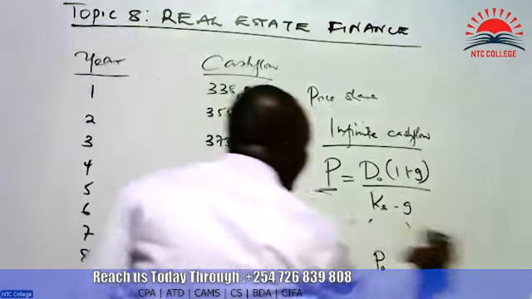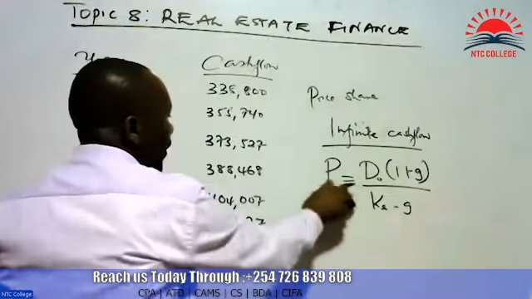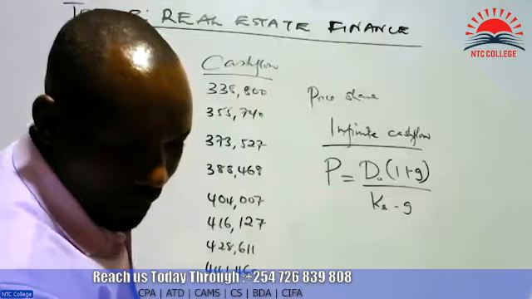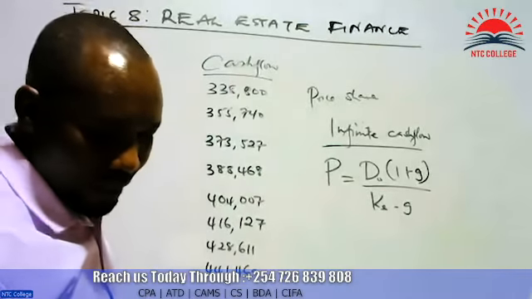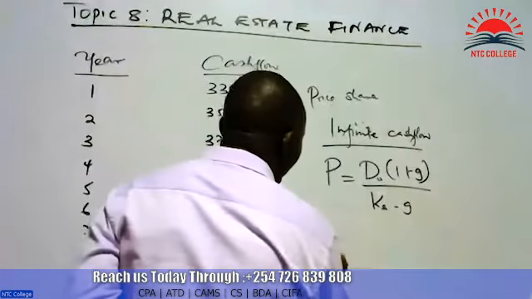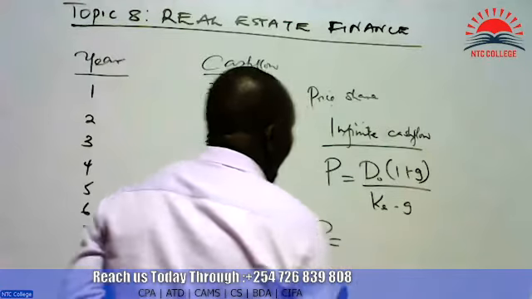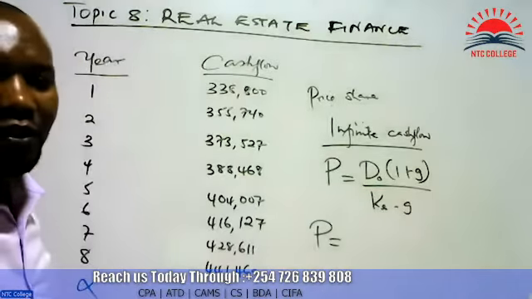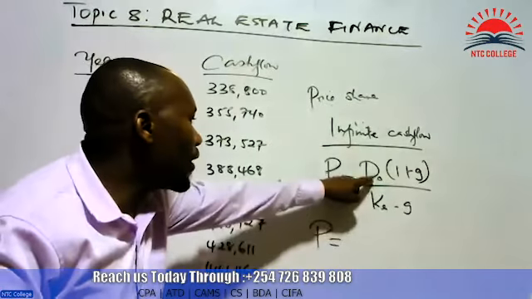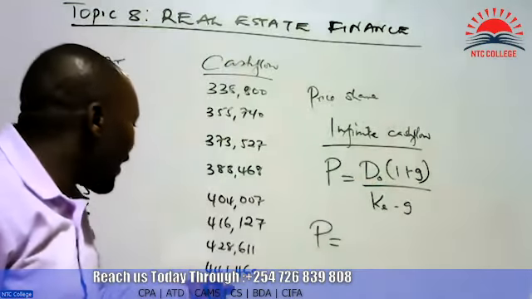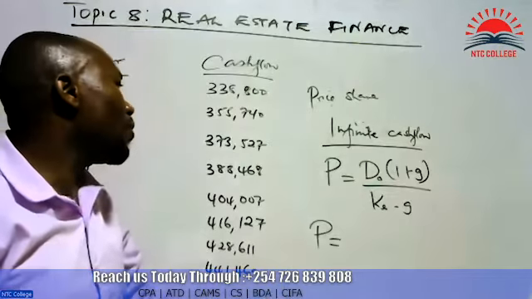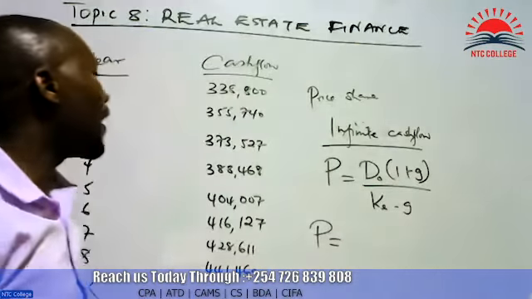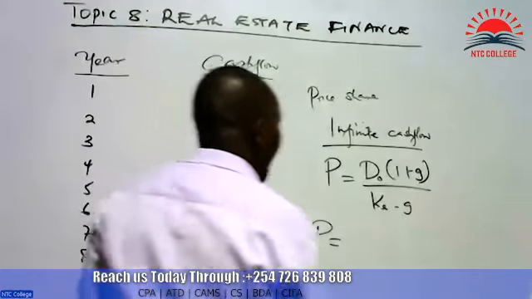So we can now replace this. They said that the required rate is 12%, right? So we can come here and say that P, which is the value, is D naught, the last declared dividend. The last one that was declared, the one that we knew, is in year 8.